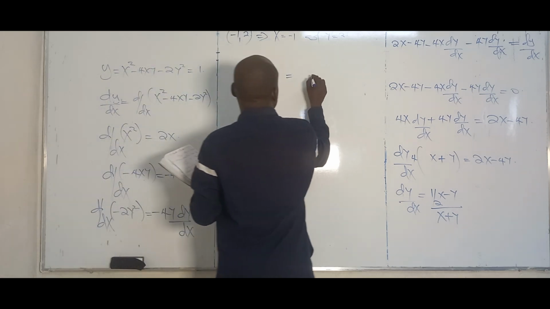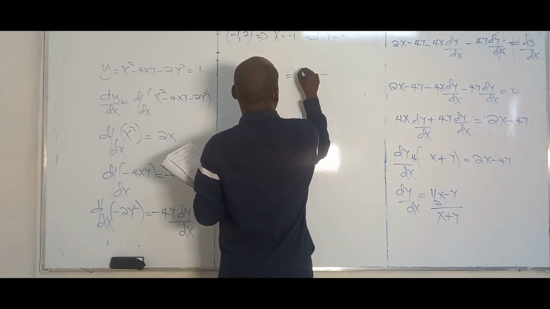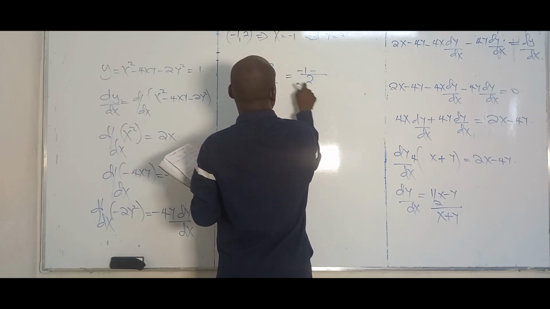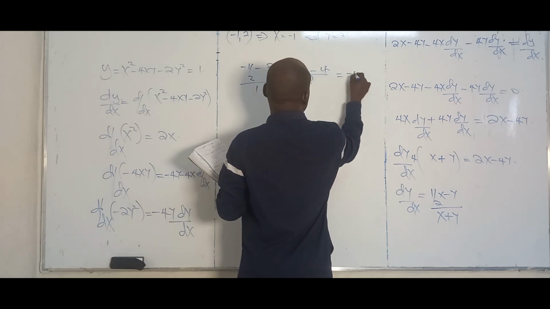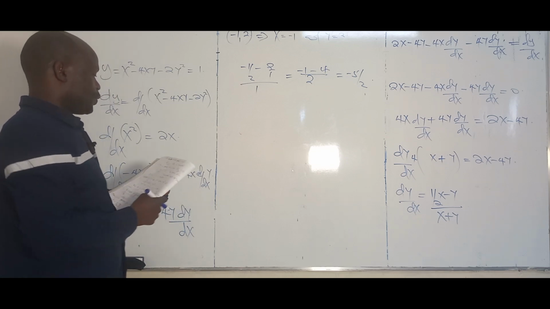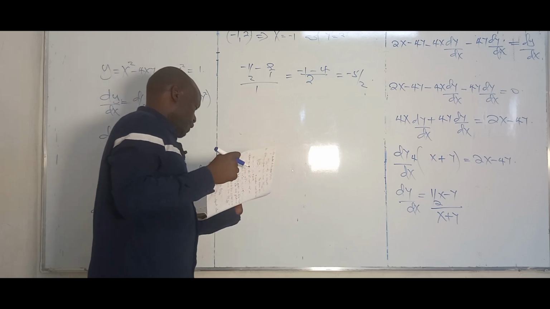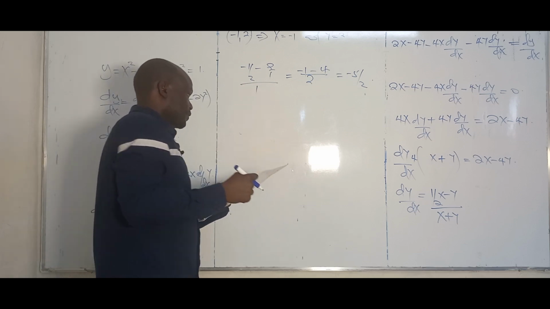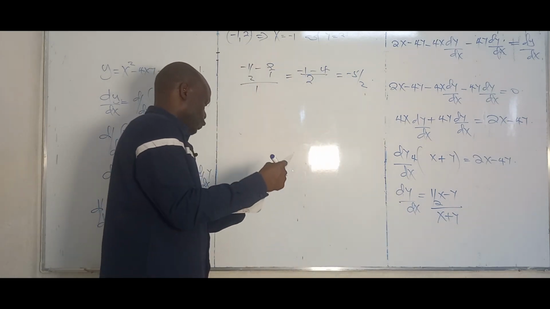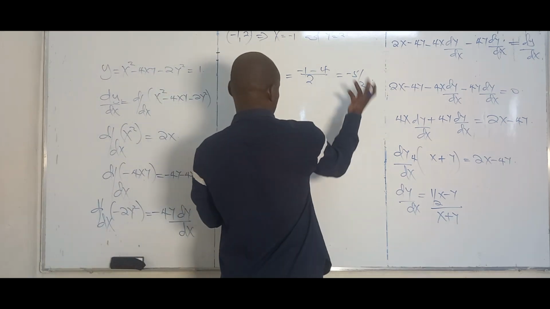So this gives me, with 2 as LCM, 1 minus 1, then minus 4. This gives me -5/2. So -5/2 is as required, because we were asked to find an expression for dy dx, which we found to be this, and show that the gradient of the curve at the point -1 and 2 is this, which we have shown.